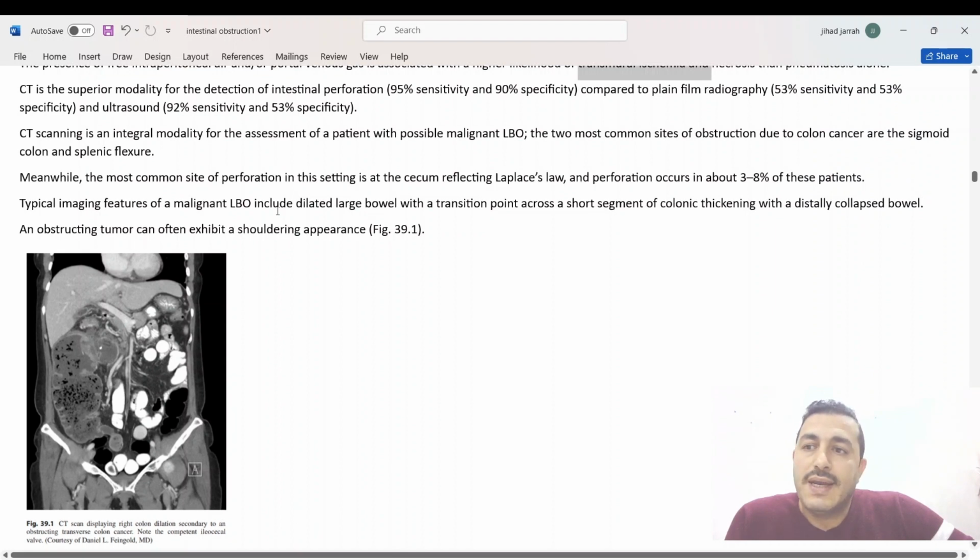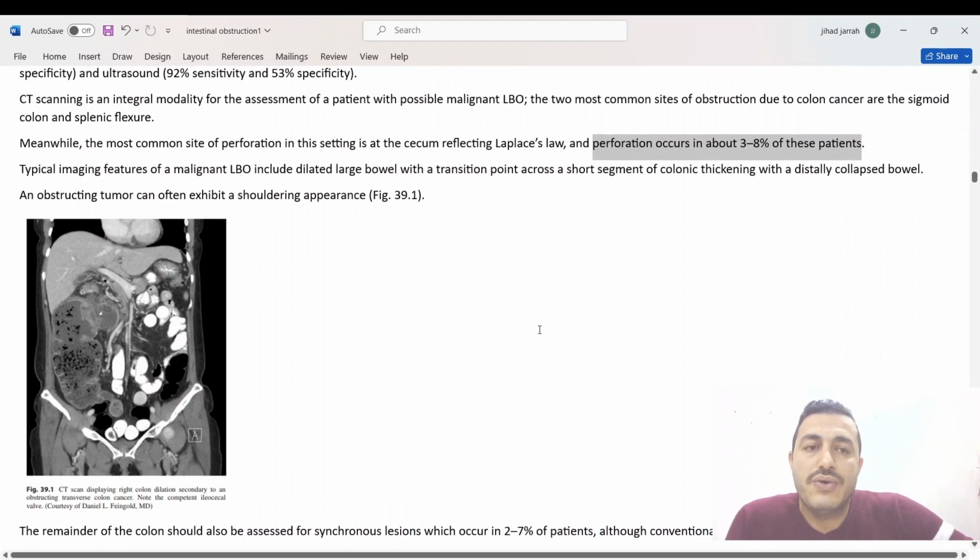What can we also add here? We said that the common site for perforation is the cecum, so it's wise to measure the cecum if we suspect perforation. The perforation rate in colonic obstruction is about 3 to 8 percent.